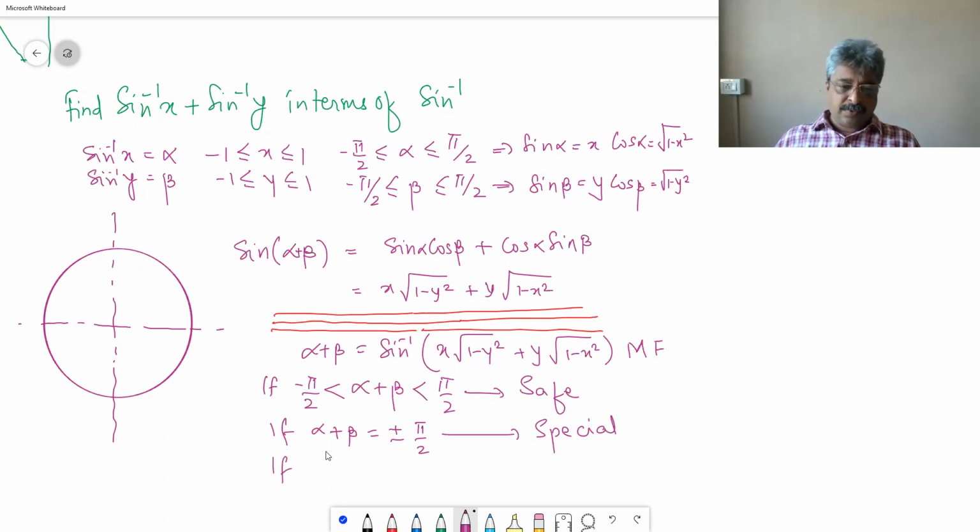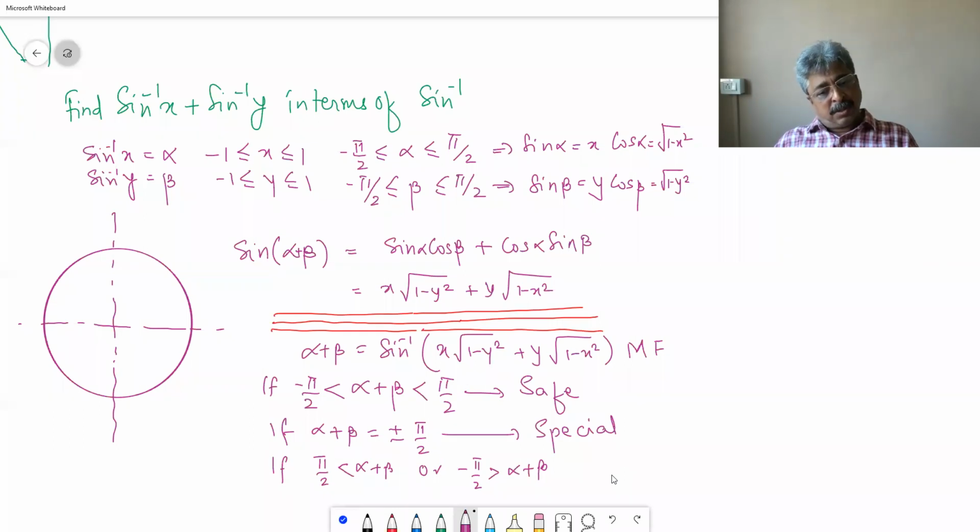And if pi by 2 is less than alpha plus beta, or minus pi by 2 is greater than alpha plus beta, then it is unsafe.